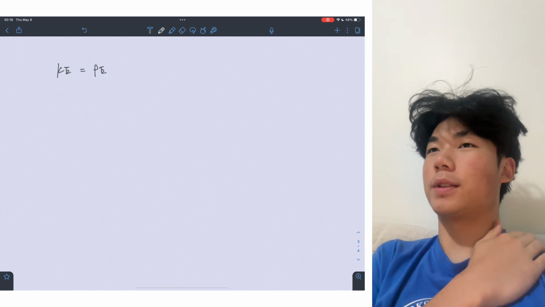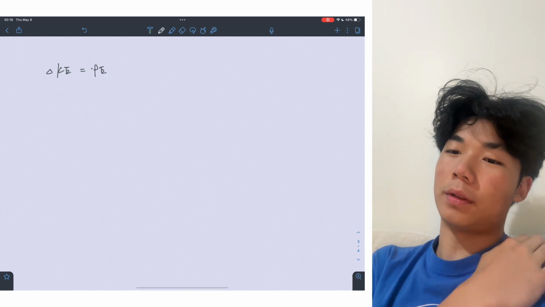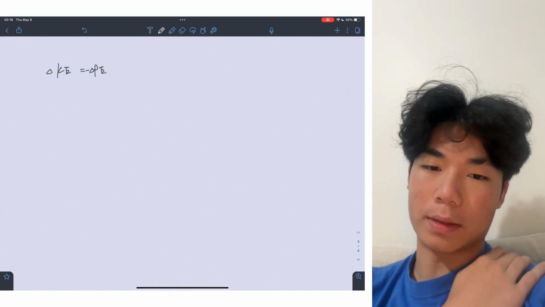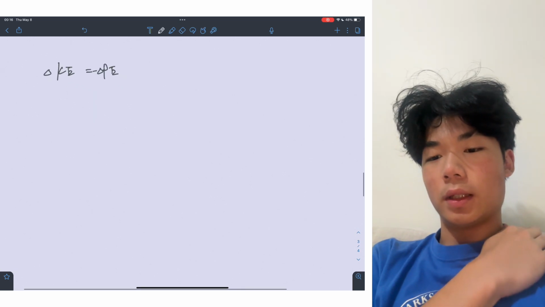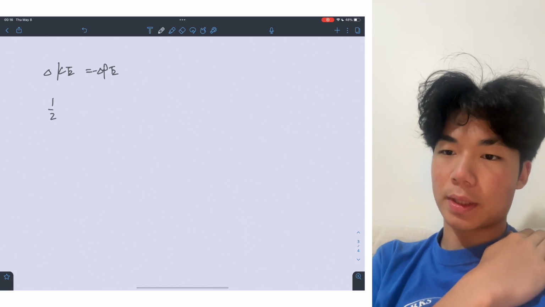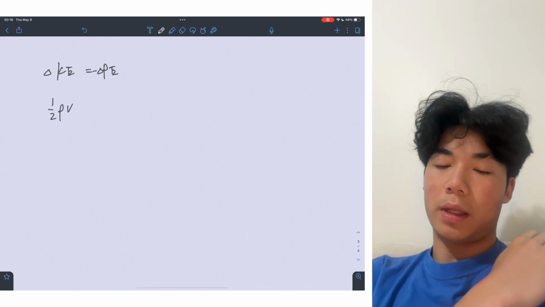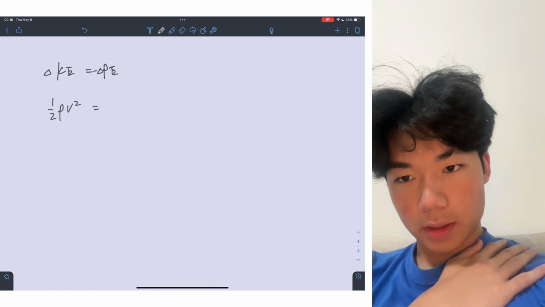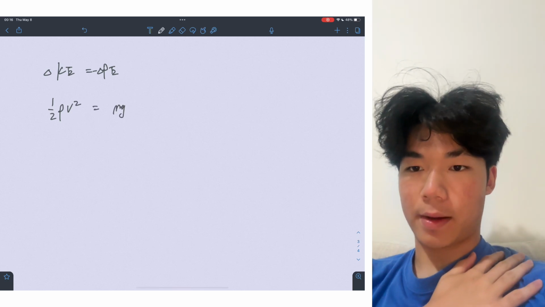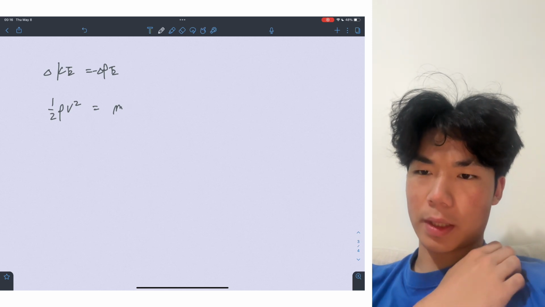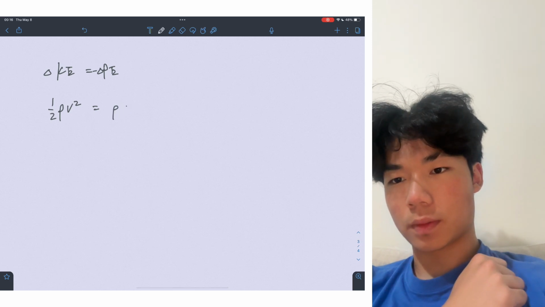First you've got to understand that the difference in KE equals the negative difference in PE. This is the conservation of energy. To represent this in terms of water and fluids, you transfer KE into half rho v squared equals... actually, not mgh, I wrote this one wrong.